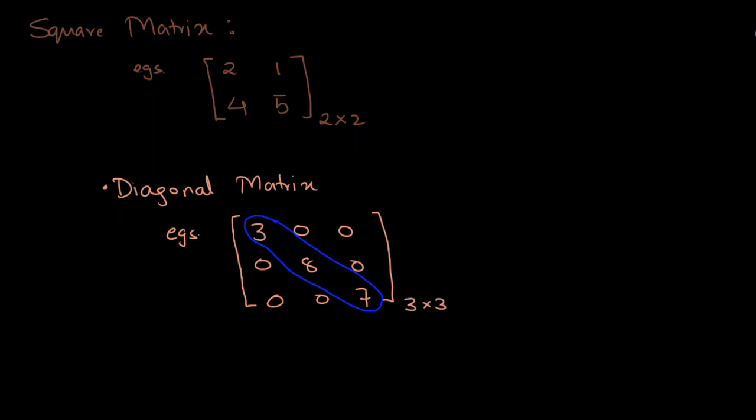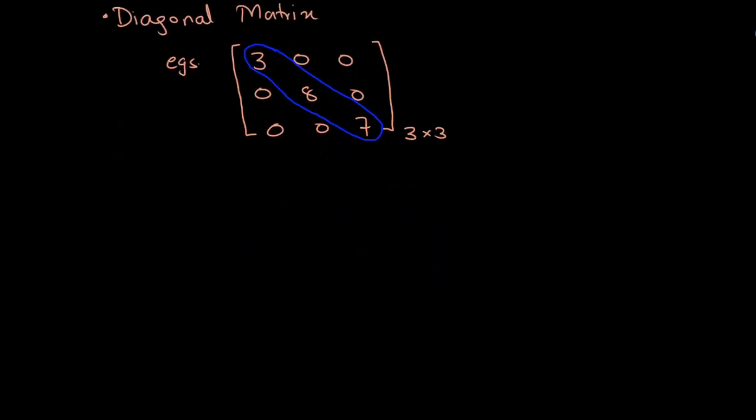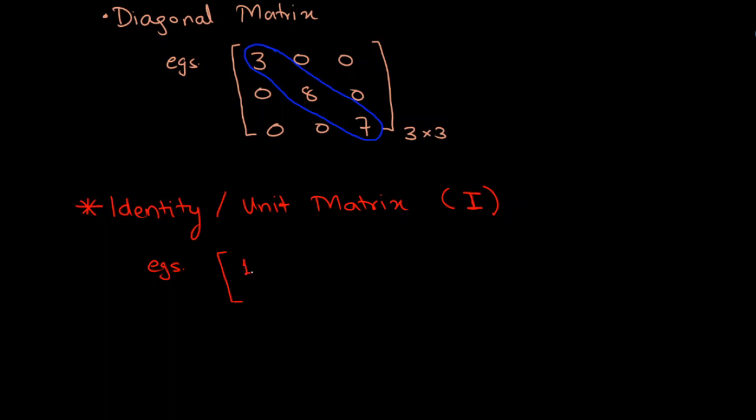Now within the diagonal matrix as well, there is a special type of matrix which is rather important for our course, known as an identity or a unit matrix. It's denoted with the capital letter I. An identity matrix is a matrix such that its diagonal elements are all 1.